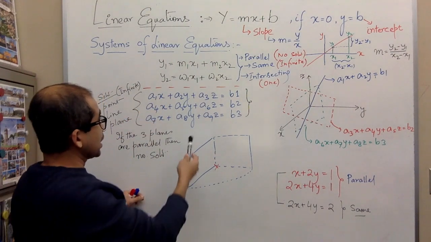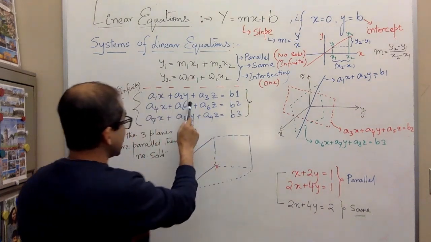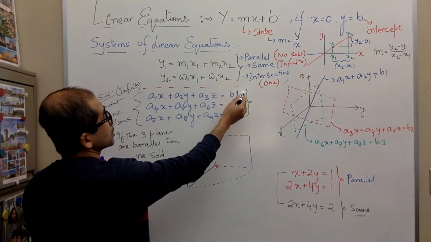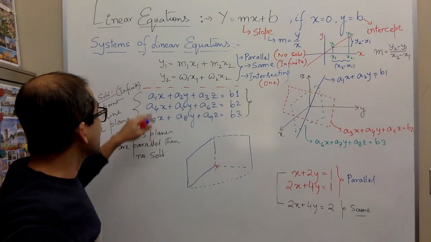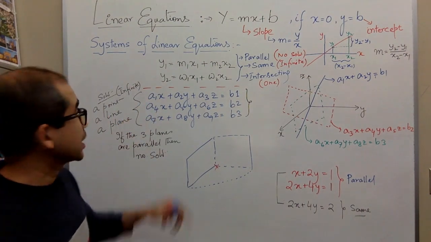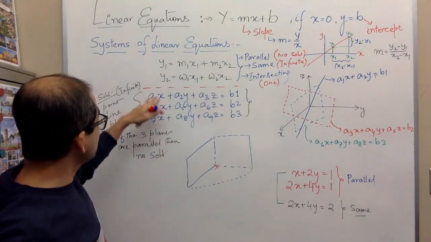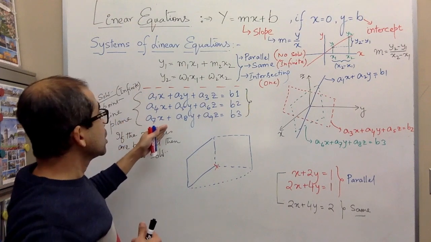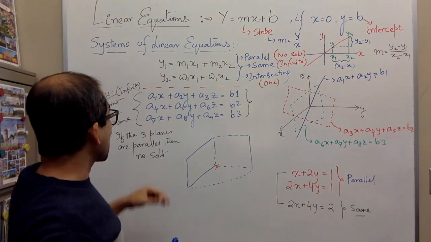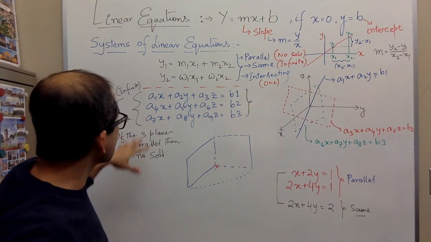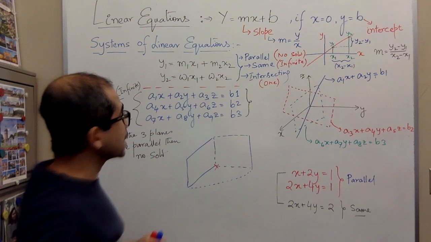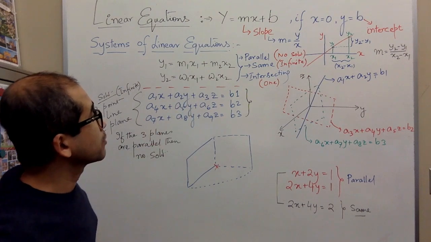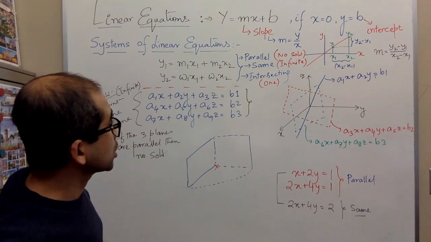Something like a1x, a2y, a3z equal to b1, where b is the intercept, a1, a2 are the coefficients, and x, y, z are the variables. We usually write them one after another in the same row and column format. Because they are represented using planes, we can also have the solution concept there, as with the equations of two variables.